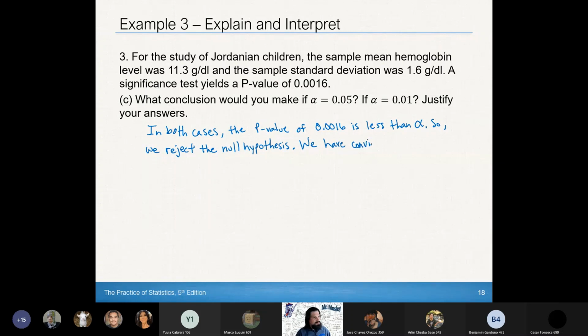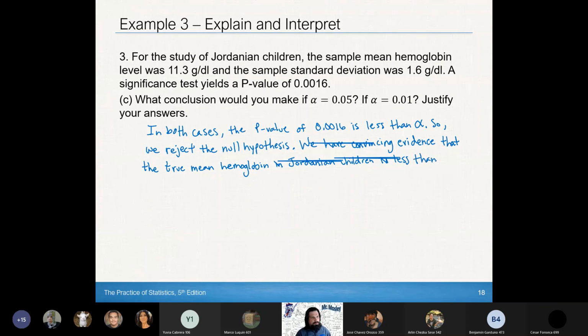We have convincing evidence that the true mean hemoglobin in Jordanian children is less than 12 grams per deciliter.